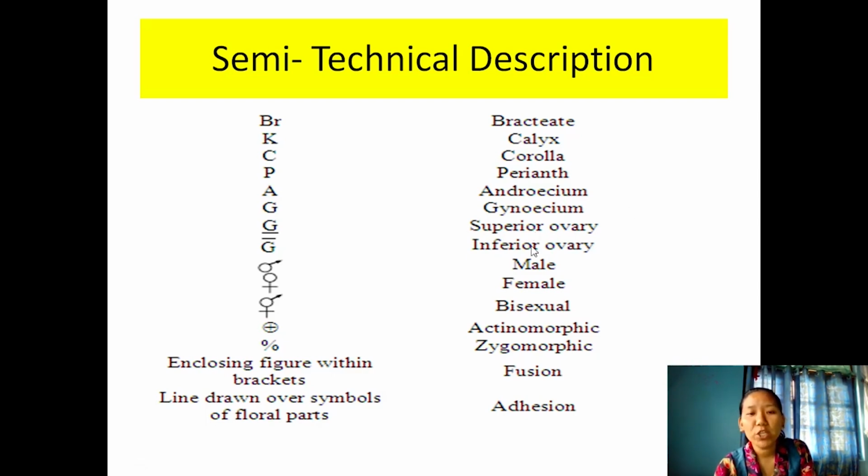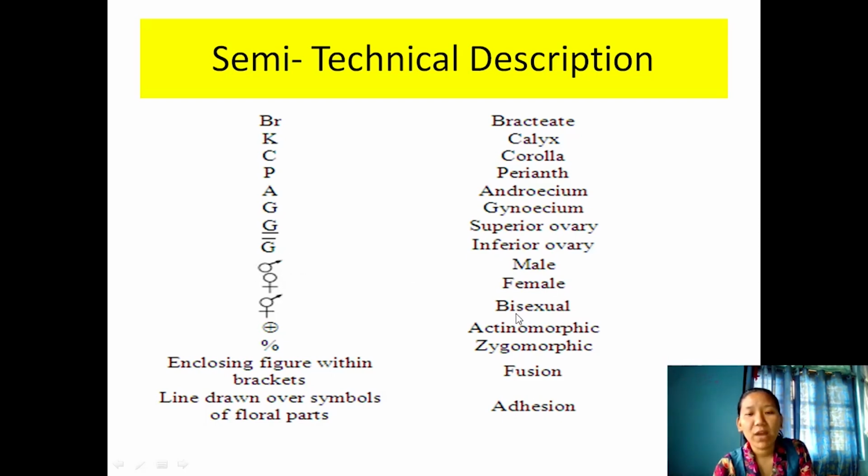If the ovary is superior, we write G and underline it. If it is inferior, the line comes above it. Male is represented by this symbol, female by the symbol here.